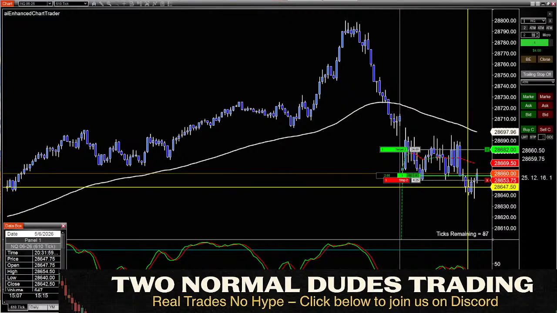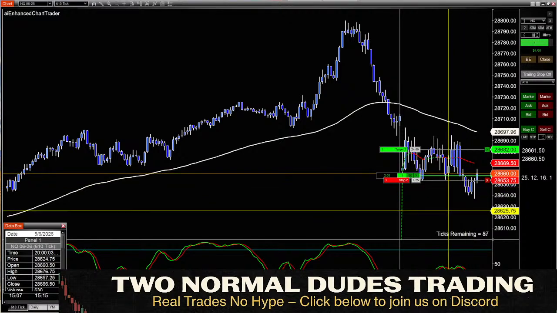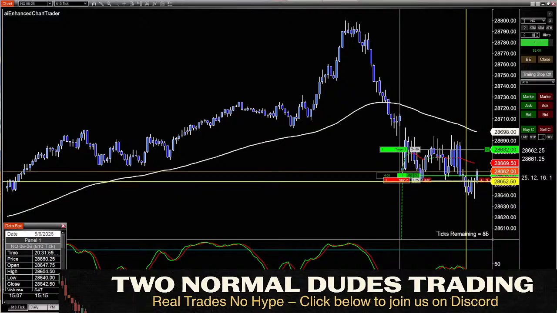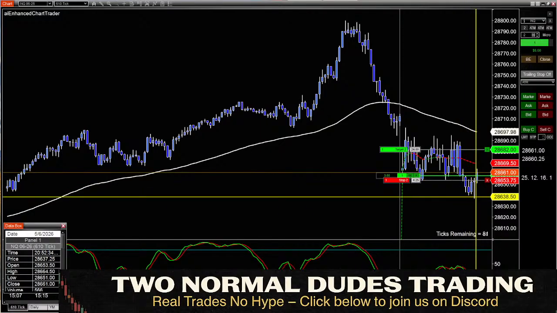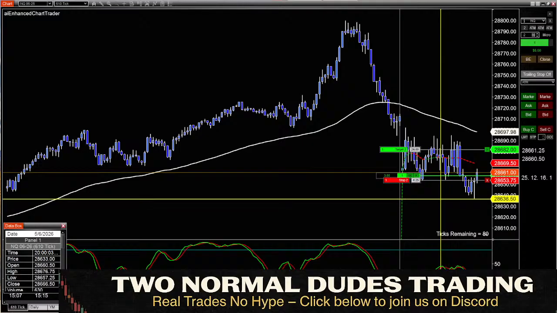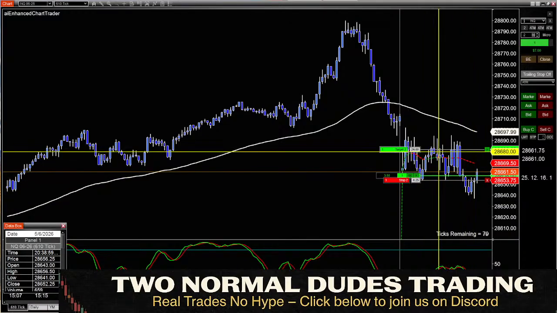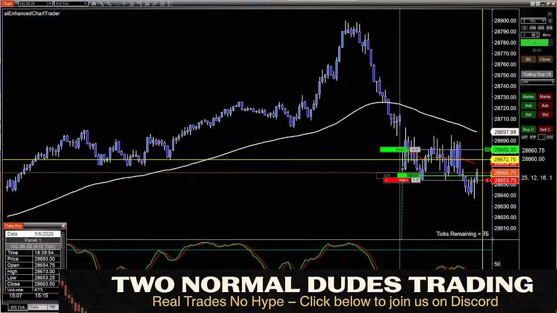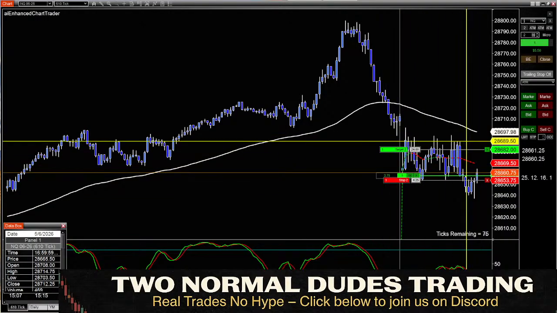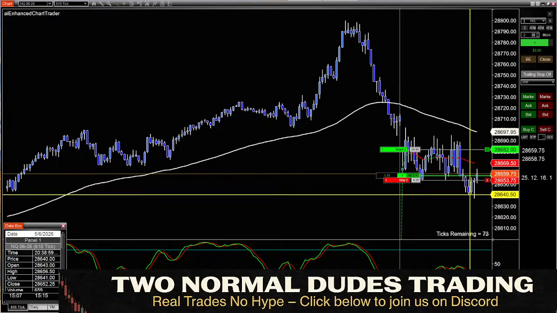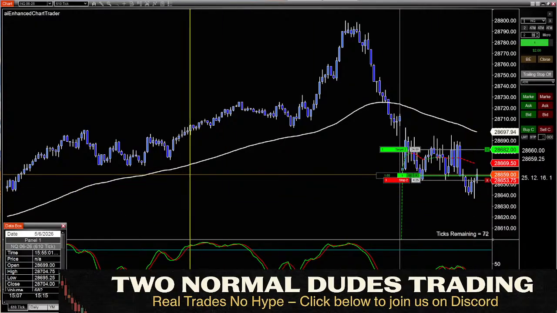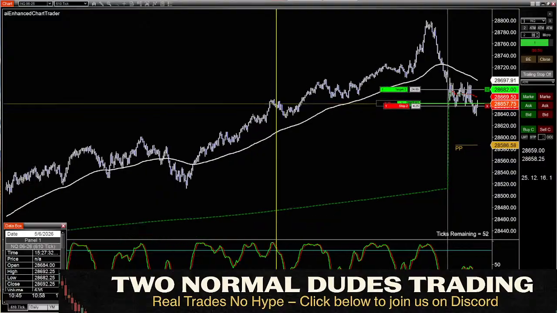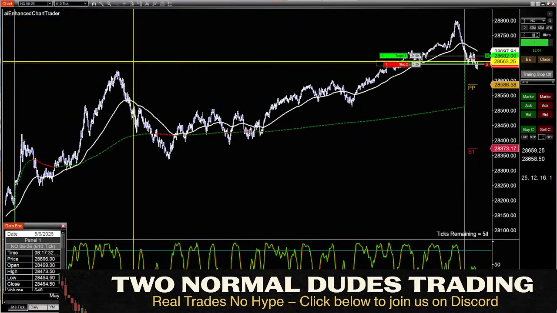You'll only get 2 or 3 trades like this a day, but they're going to be great trades. Wait for price to stall and get wicks on the bottom, or top if you're shorting, because I could have shorted this or this or this. But those are the 2 biggest structures. This structure settles down nicely at a level that we knew. We know this is a level down here.